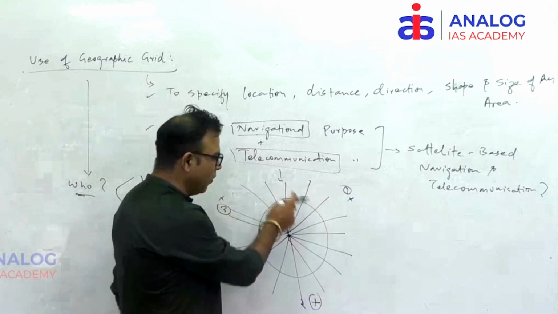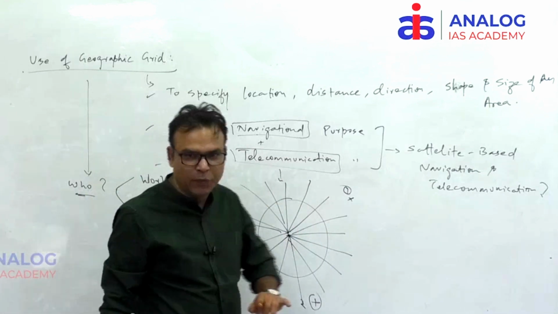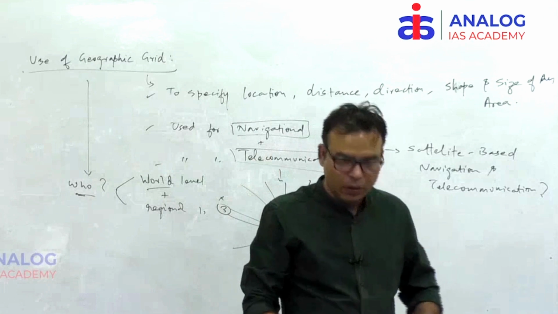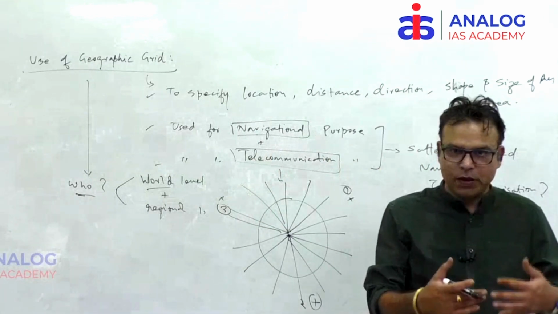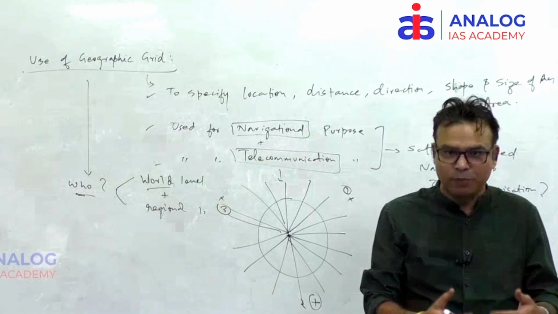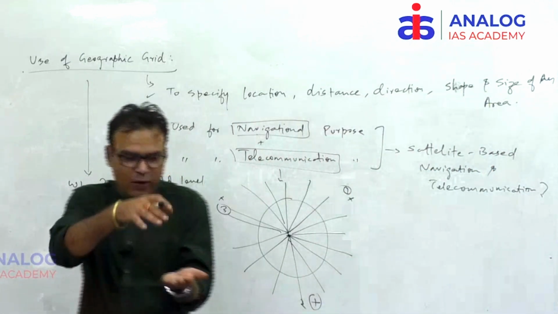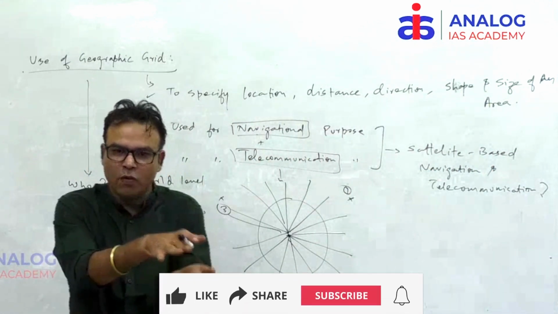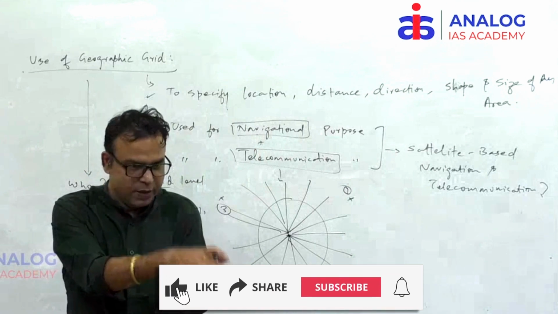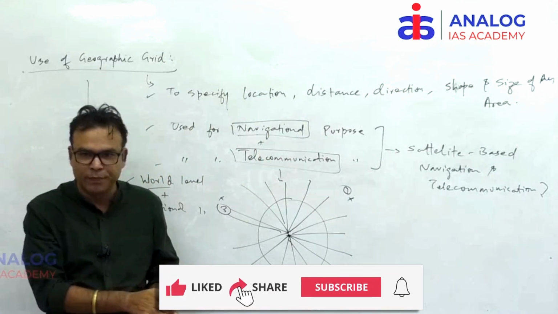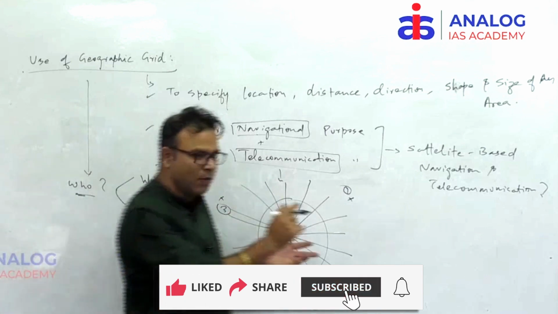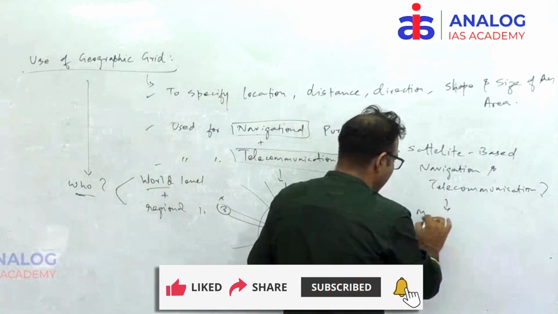So how is the Earth divided with a 1 hour gap? How many time zones? Earth is divided into 24 time zones with a 1 hour time gap. So they want to keep an eye on every time zone. So how many satellites are required now? 24. So minimum number of satellites required is 24.